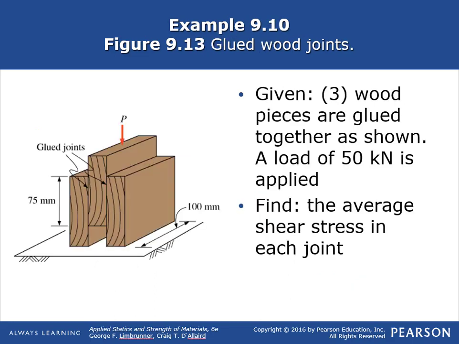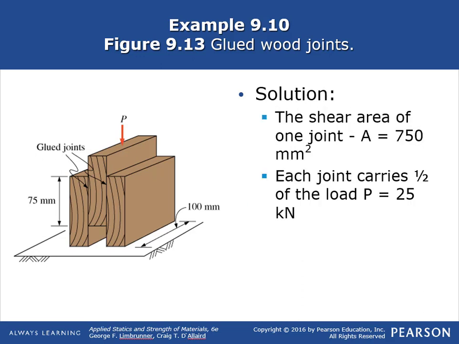Okay, example 9.10 is another example of direct shear. In this case, we have three wooden blocks that are glued together, two of them sit on the table, and then a load of 50 kilonewtons is applied. So what we have to do is find the average stress in each joint.